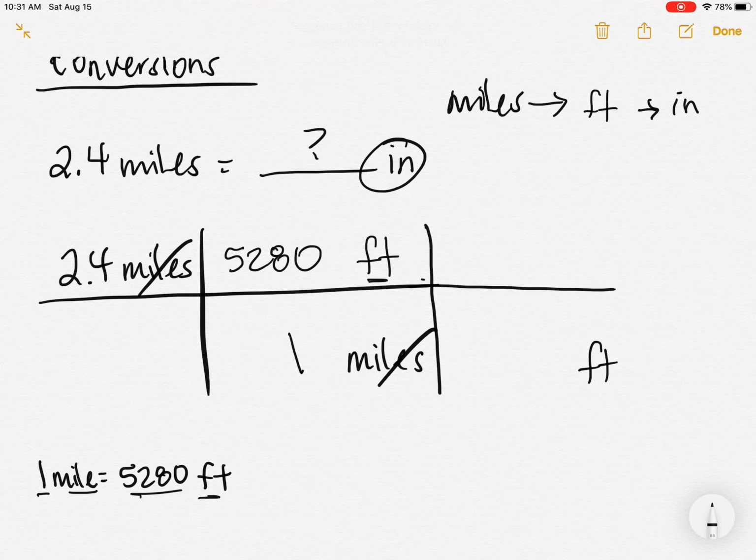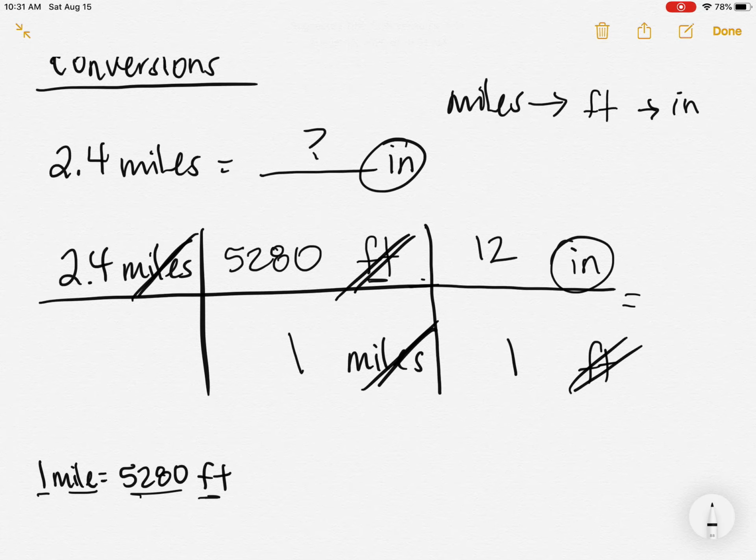So feet will go on the bottom. And I'm looking to convert into inches. So feet cancel. And then you hopefully don't have to look this relationship up, but if you did, it's there that in 1 foot there are 12 inches. Okay, and now look, miles have canceled, feet have canceled, and I'm left with inches, and so I should be done other than just doing the math for this problem.